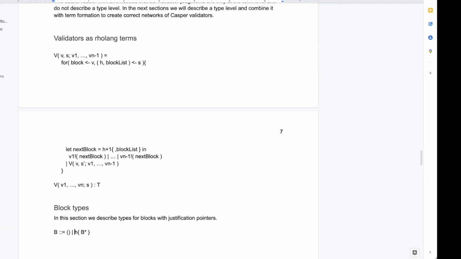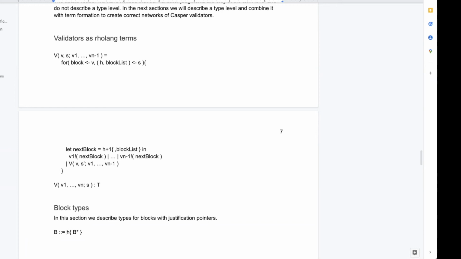So you could have it that way if you wanted to, but it's not required for this grammar to be well-founded. Any questions about this as the grammar for block expressions?